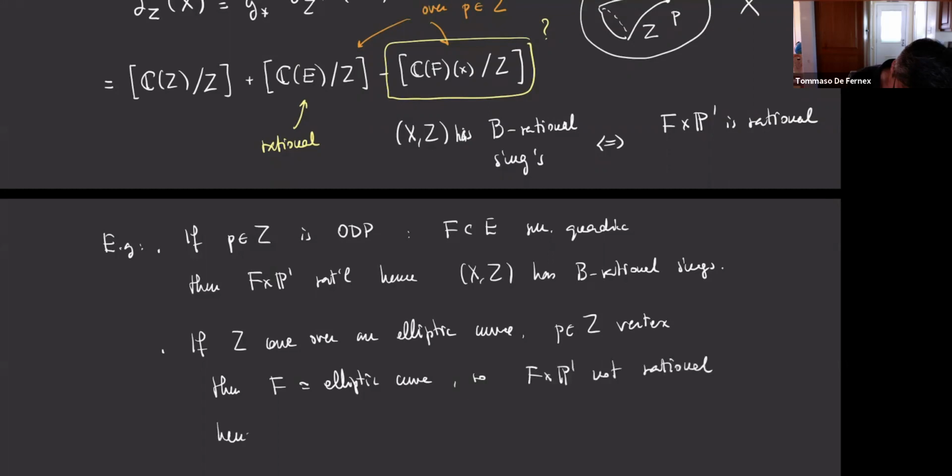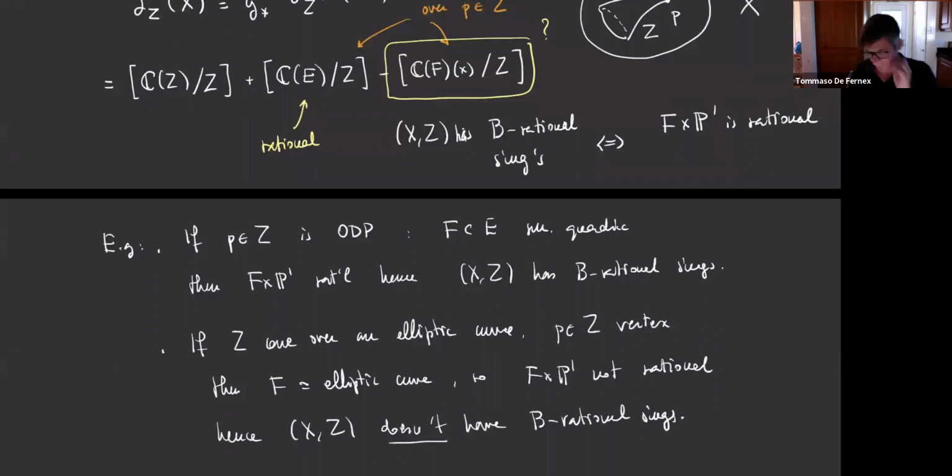Hence, XZ doesn't have birational singularities. Okay.